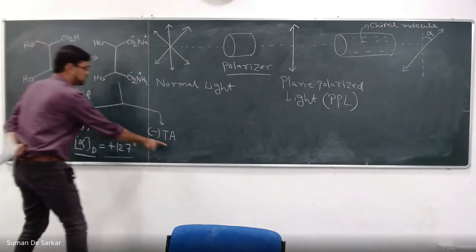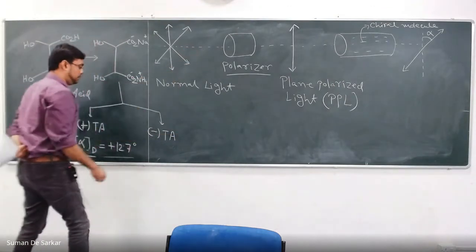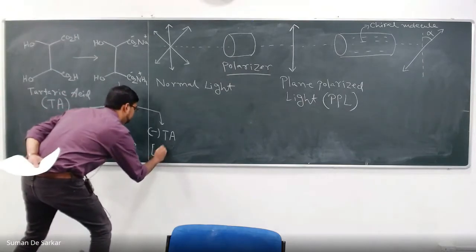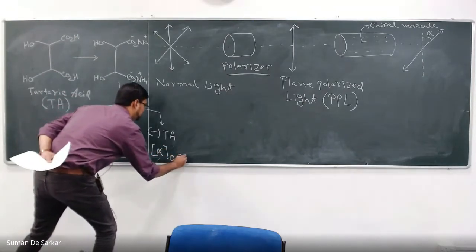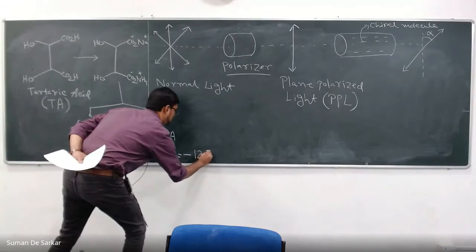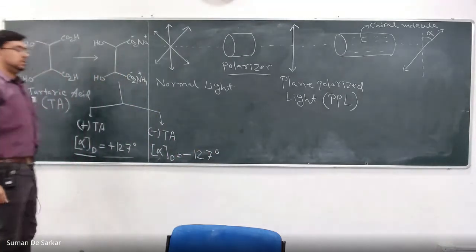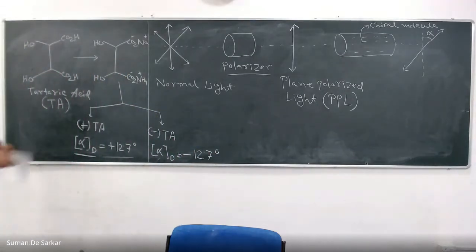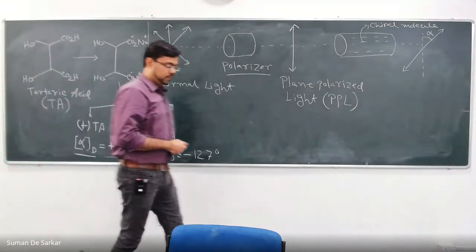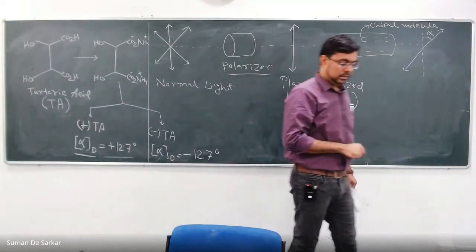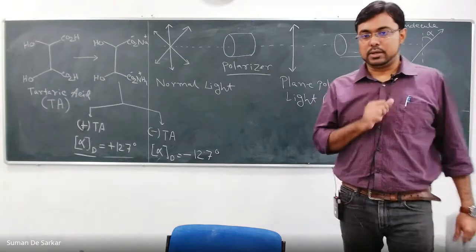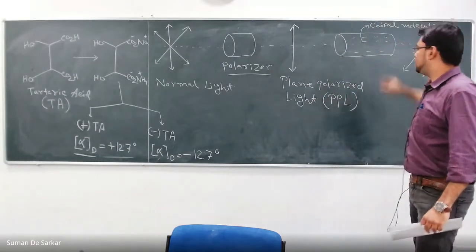For the minus one, he repeated exactly the same, and he found here alpha D equal to minus 12.7 degree. That means the two components that he could separate from the mixture of tartaric acid give exactly the same amount of rotation. Okay?